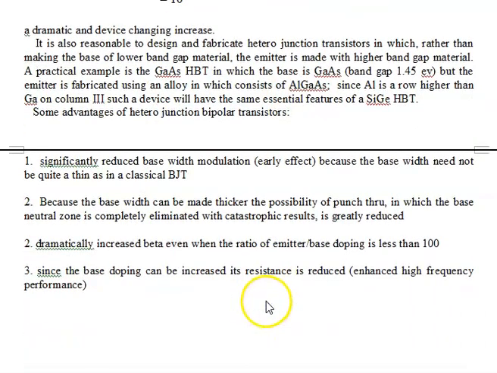So the significant issues in the HBT are reduced base width modulation, which is another name for the early effect, because the base width doesn't need to be nearly as thin as in the classical BJT, and because the base width can be made a little bit wider, we don't have to worry about this thing called punch through.